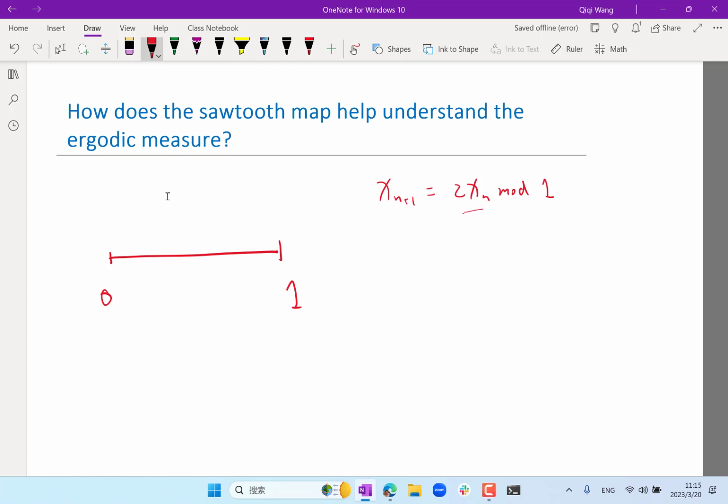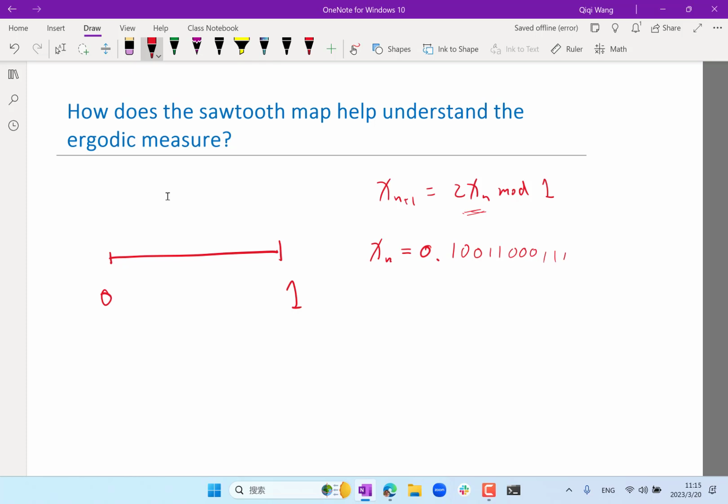Particularly if you represent x n just like how we represent a number in a computer, using binaries. Of course, x n is between 0 and 1, so in binary, x n would be equal to 0 point something, and the only possible digits are either 0 or 1. So x n would be something like 0.10011000, an infinite series of digits.